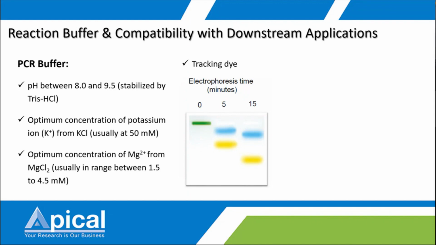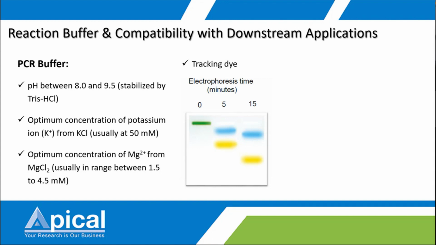For optimum activity of DNA polymerase, the reaction buffer needs to have a pH maintained between 8 and 9.5, and usually we stabilize the pH by using Tris-HCl. For Taq DNA polymerase, the PCR buffer will need to carry potassium ion at a concentration of about 50 millimolar in order to promote the annealing of the primer.